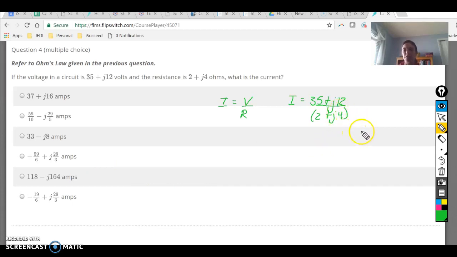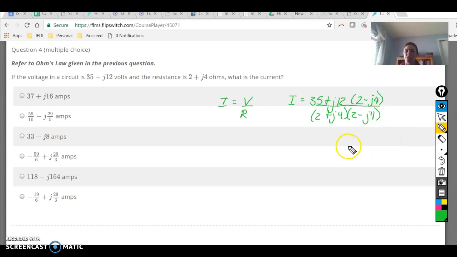What we need to do is simplify this because basically we're looking at a rational expression, and so we can treat it like a rational expression. We can multiply this by 2 minus J4, and that's going to create a difference of squares scenario, which is going to end up working out really well for us. But if I multiply the bottom of this expression by 2 minus J4, I need to do the top too. So same thing with the top.